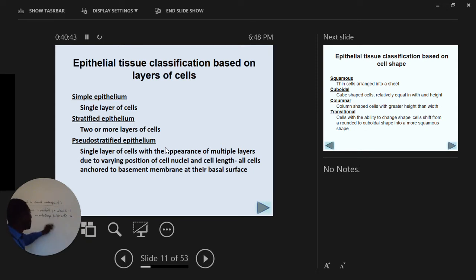So it is the word stratum that we got stratified from. Stratified means it has more than one layer. So it's two or more layers.